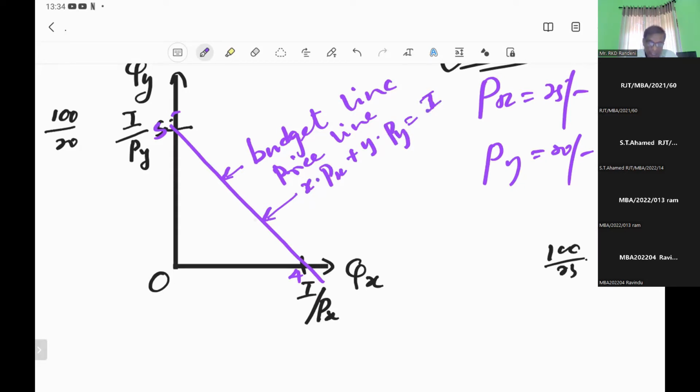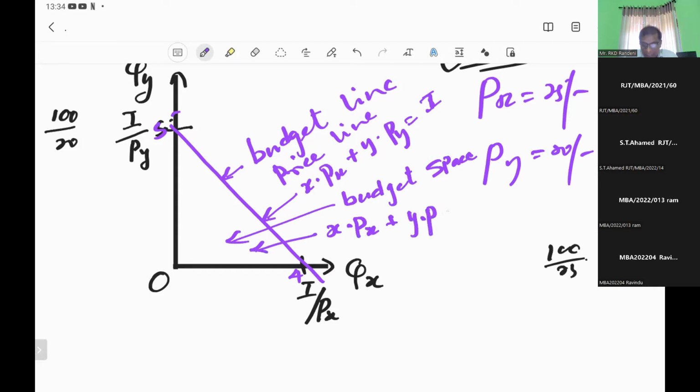The area covered by the budget line is called the budget space. Then the budget space equation is XPX plus YPY less than or equal to I.